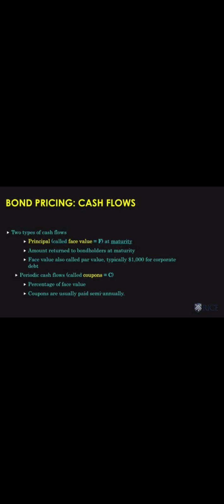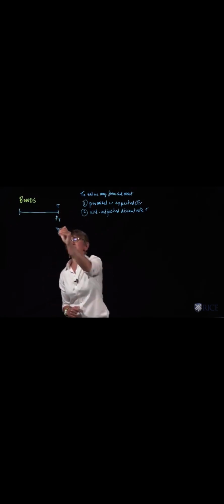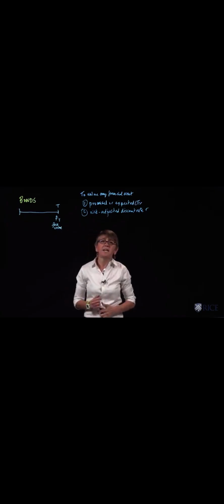Bonds have typically two cash flows. First, they have the principal or the face value paid at maturity. The face value is also called the par value, and it's typically $1,000 for corporate bonds in the US.